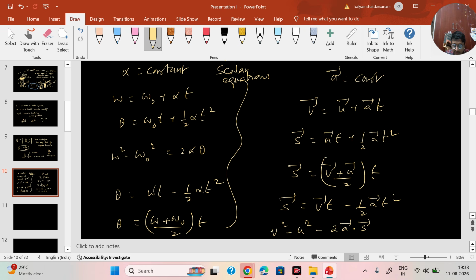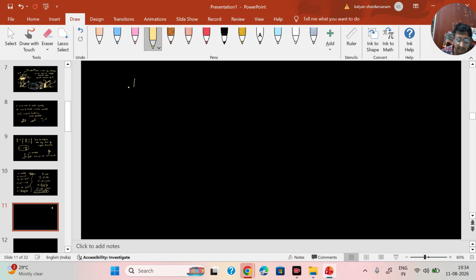We saw this. This is the only scalar equation here which actually has some interesting relation to work energy. Now that we have learned work energy, when is this equation applicable? For constant acceleration, right? So if I multiply with half m, half m v square minus u square is half m into 2 a dot s. I'm multiplying by half m on both sides.